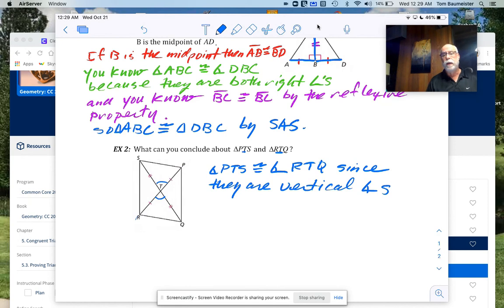And then the other two things were marked, so I don't really have to write it down. If I was making a proof, I would have to write it all down.